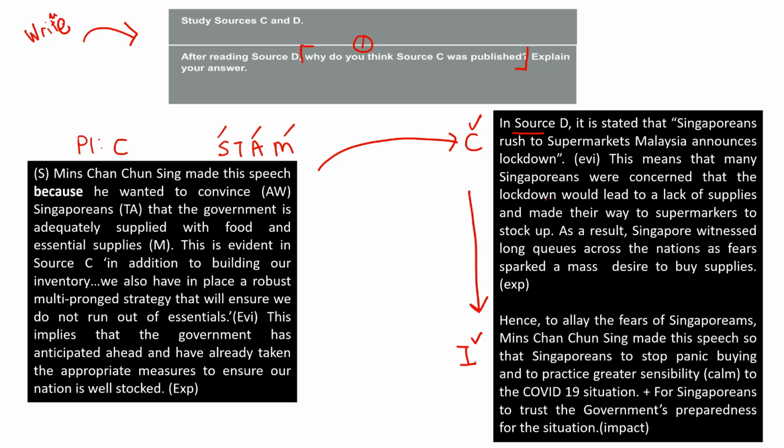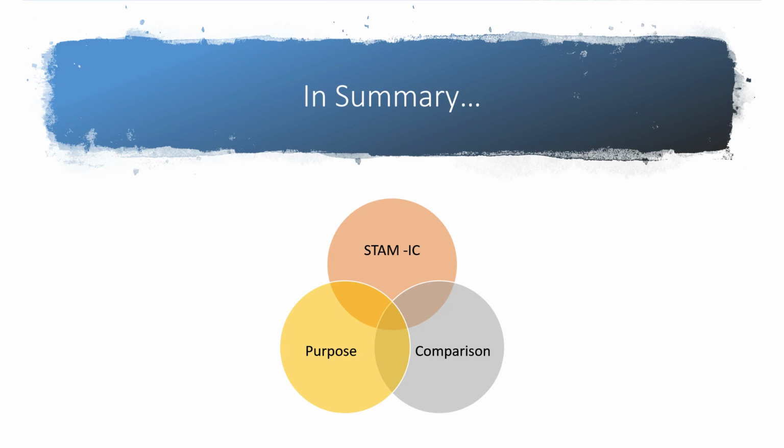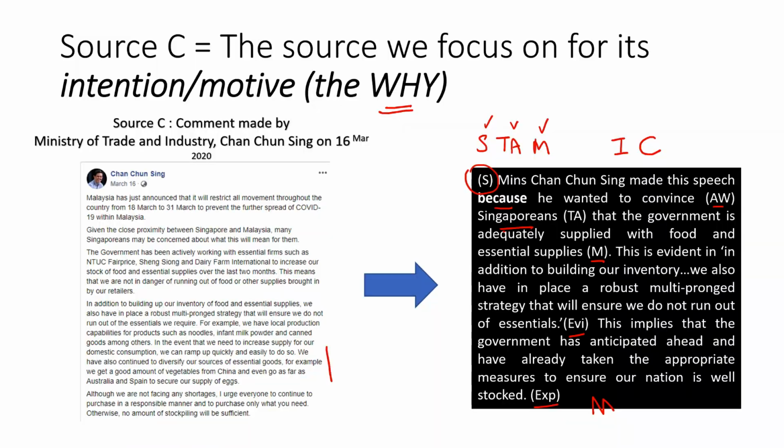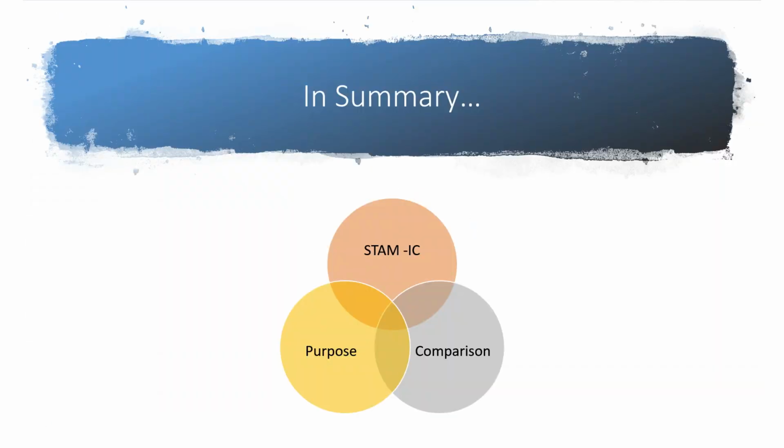I hope that this introductory lesson has made it clearer for you guys. In summary, this hybrid question, or what we call the purpose hybrid question, of after reading source D, why do you think source D was published, falls on the basis of this Venn diagram here.